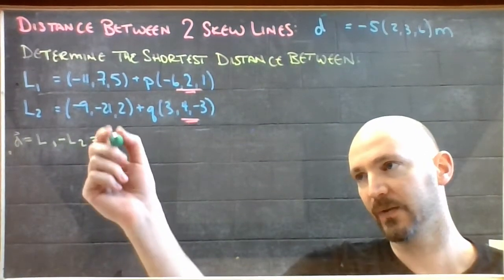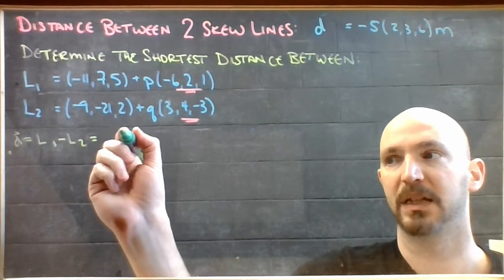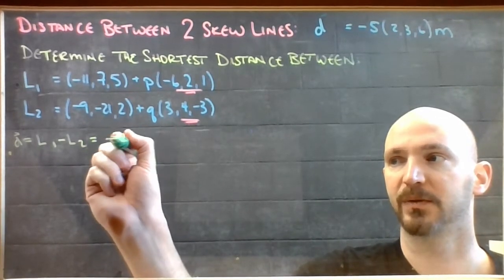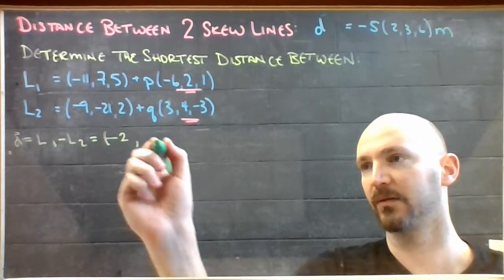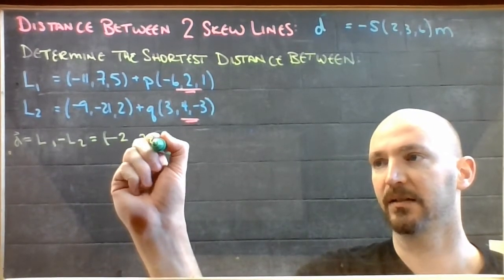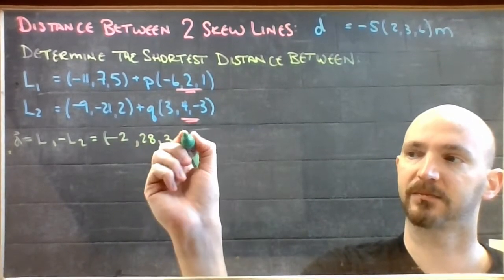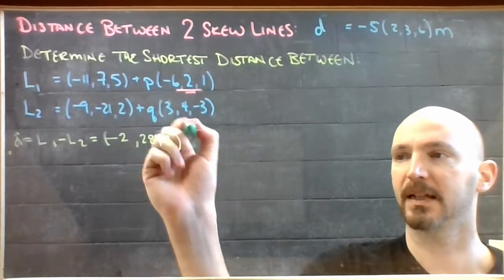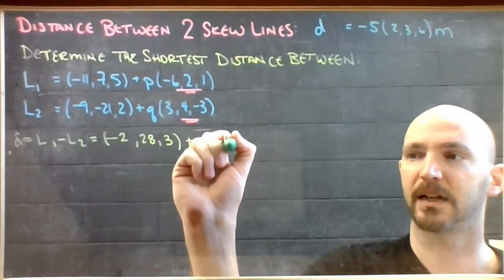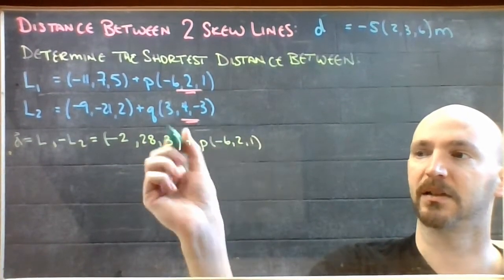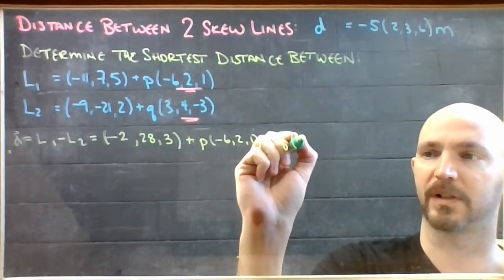So if I do that, negative 11 subtract negative 9 would be negative 2. 7 subtract negative 21 would be 28. 5 subtract 2 would be 3. And then I have p negative 6, 2, 1 subtract q 3, 4, negative 3.